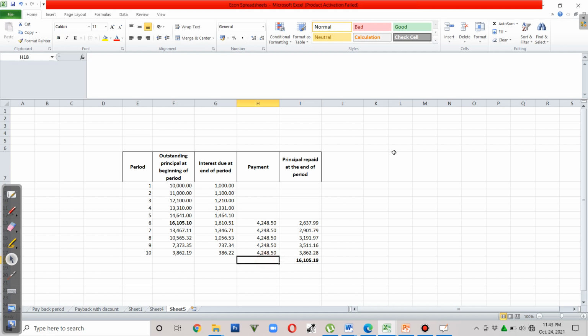So, pag inad mo yan, we have, all in all, we have 21,242.5. Ito yung nabayaran. Nabayaran mo ng utang, nabayaran mo rin yung interest.